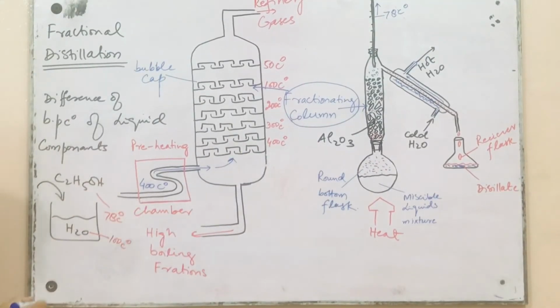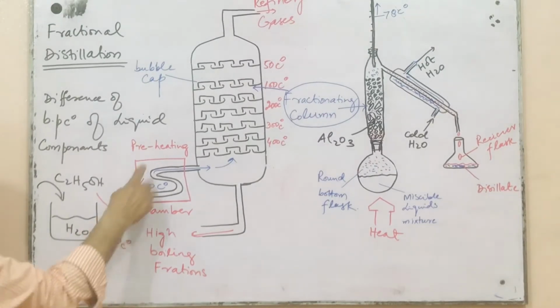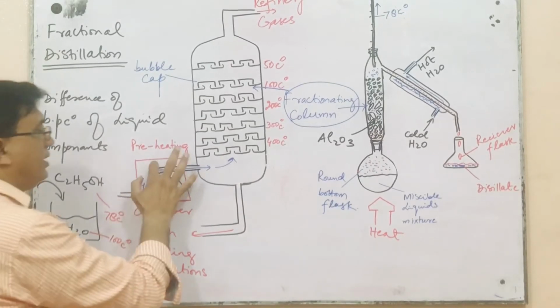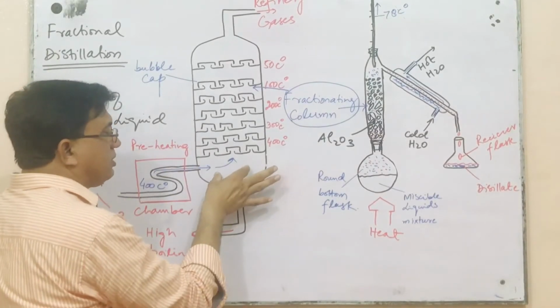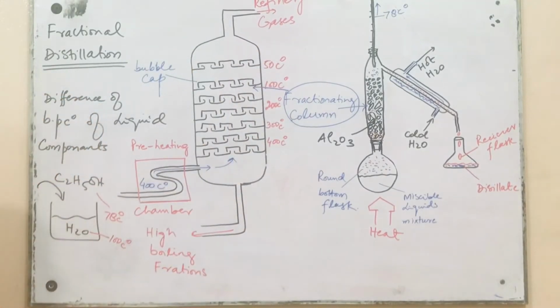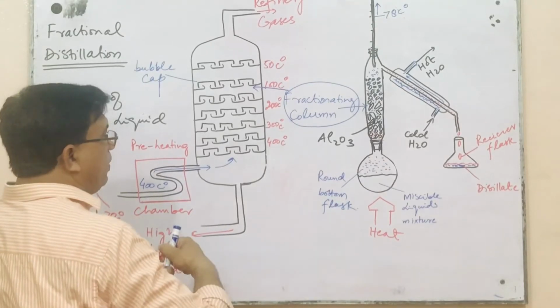Now a preheated chamber is attached. First of all, the mixture is heated, and that heated miscible liquid mixture is entered into this fractionating column. Now, how will the bubble caps work?